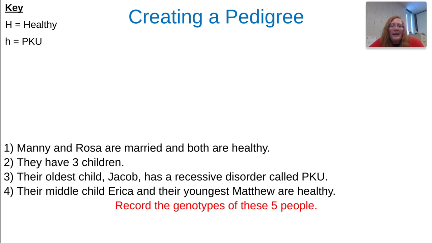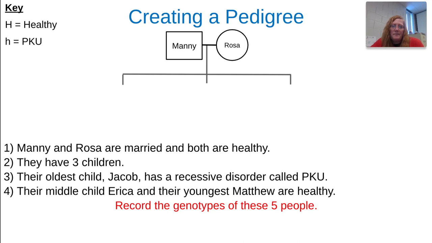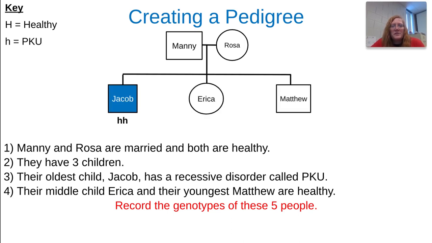So we know Jacob has it. He's little h, right? That's what we have on our screen. Okay. Well, if he got the disease, then we know which of those 2 is true.